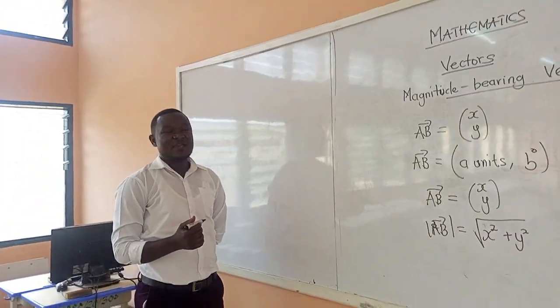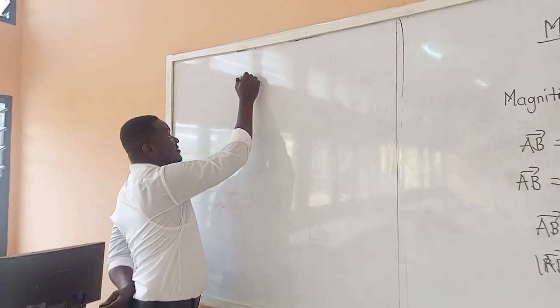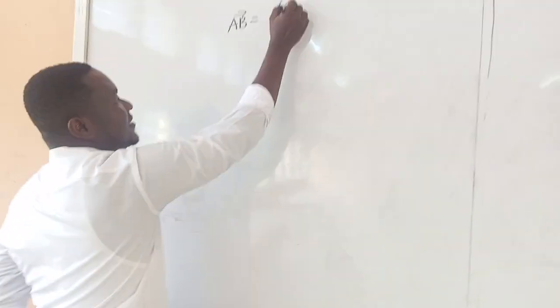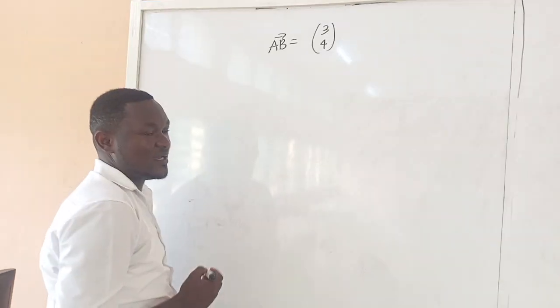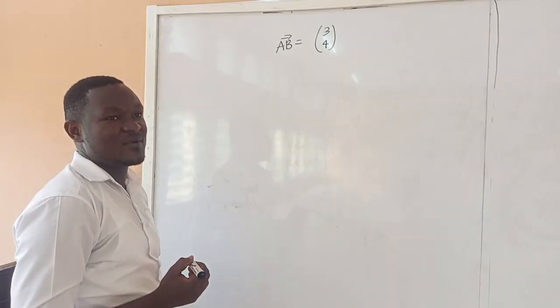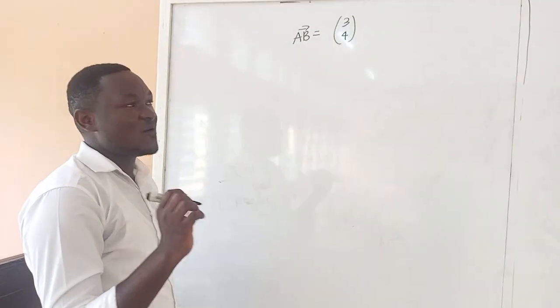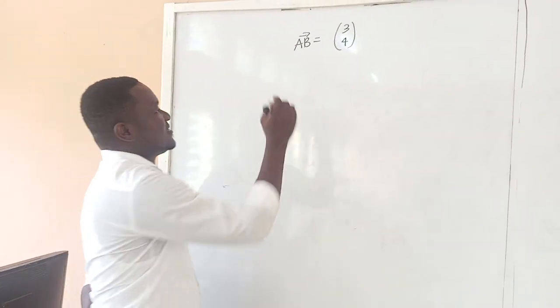So for example, if we are given the vector AB to be equal to 3, 4 in the component form, and they said we should change it to magnitude-bearing form, we are going to find the magnitude first.